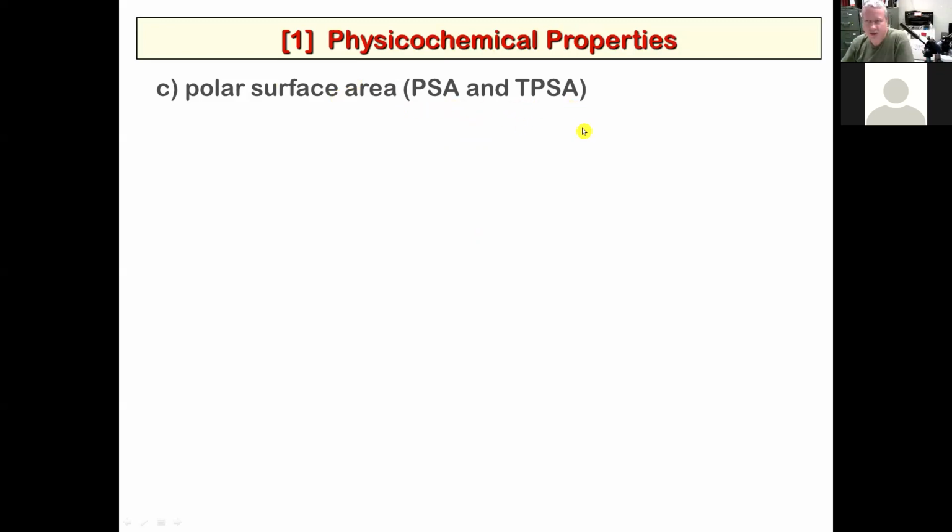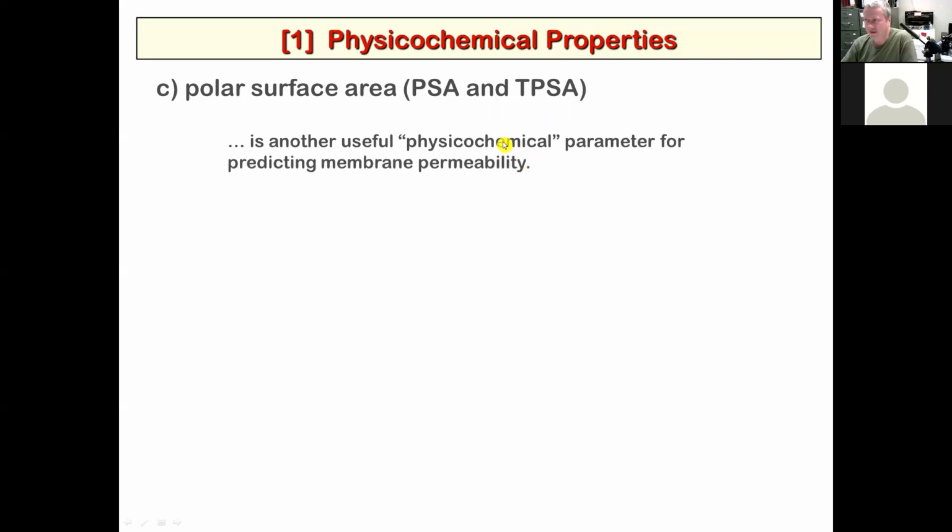It's used in drug likeness, so the Lipinski rules and things like that. Or actually maybe the Veber rules. So it's another physicochemical parameter. We can calculate it pretty easily, or I think it's almost exclusively calculated, so we use a computer program to determine it. I don't think there's an easy experiment like the separatory funnel experiment for polar surface area.